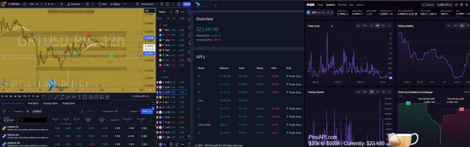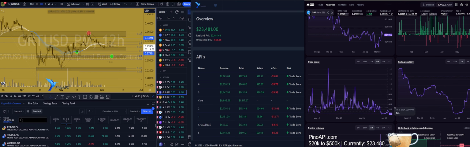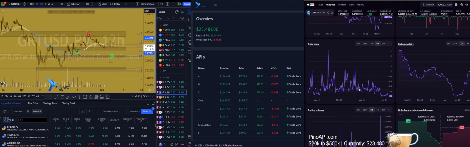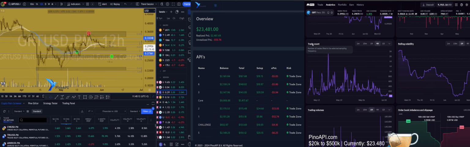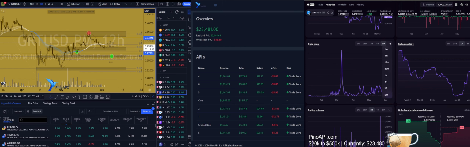Trade count is also, the only thing I wish I could do with this is personalize this page to just get rid of everything I do not find relevant, because this trade count is also pretty important. If there's little trade count, I'm also not interested.